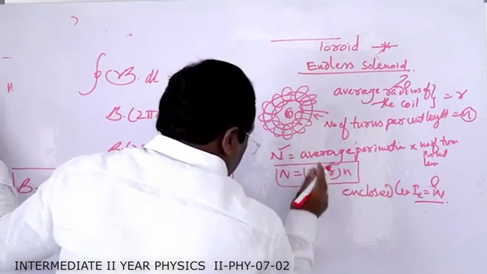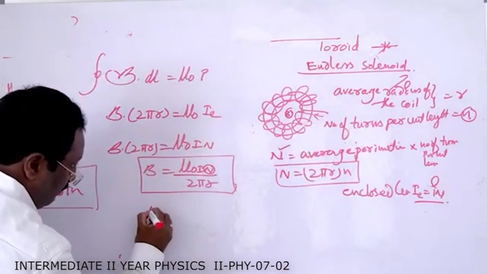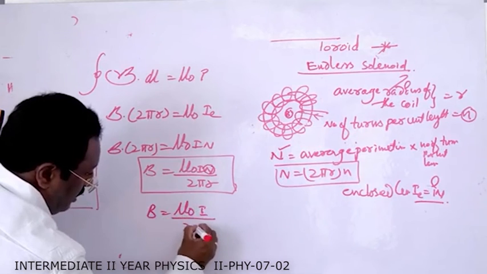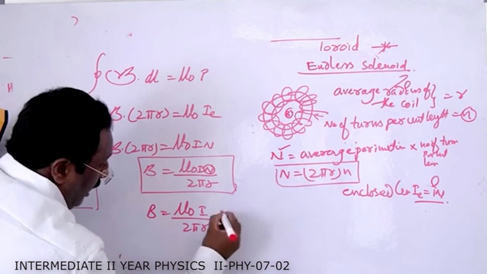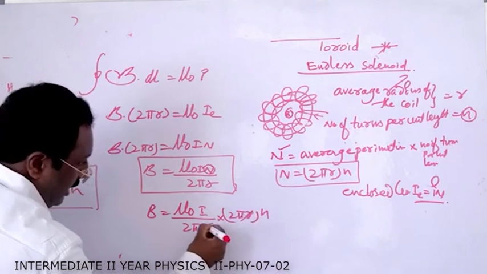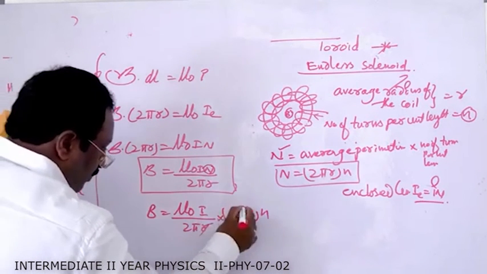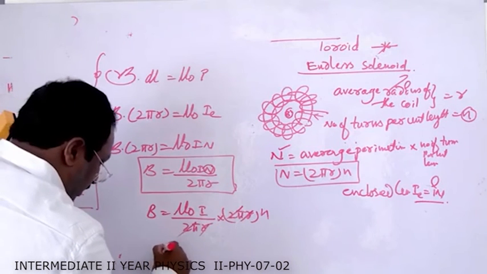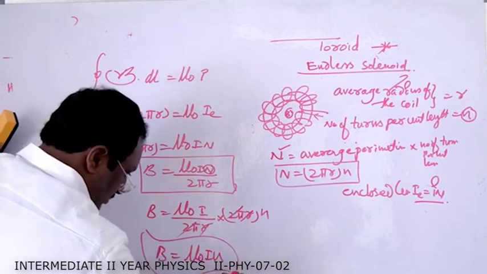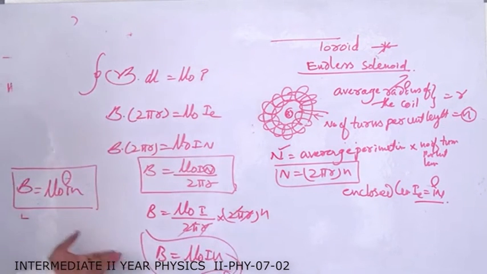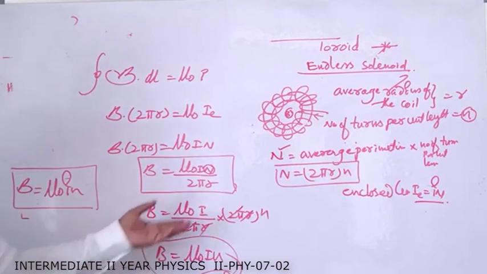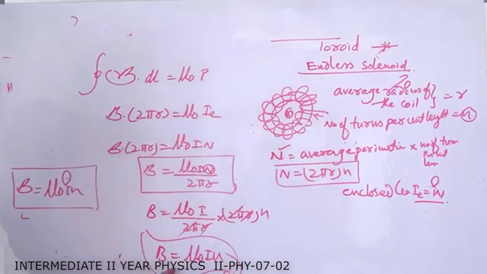Instead of capital N, take 2 pi r times n. B equals mu naught I by 2 pi r, so r cancels, 2 pi cancels, and now B becomes mu naught I n. Both are the same: the magnetic field produced in a solenoid and in a toroid are equal.